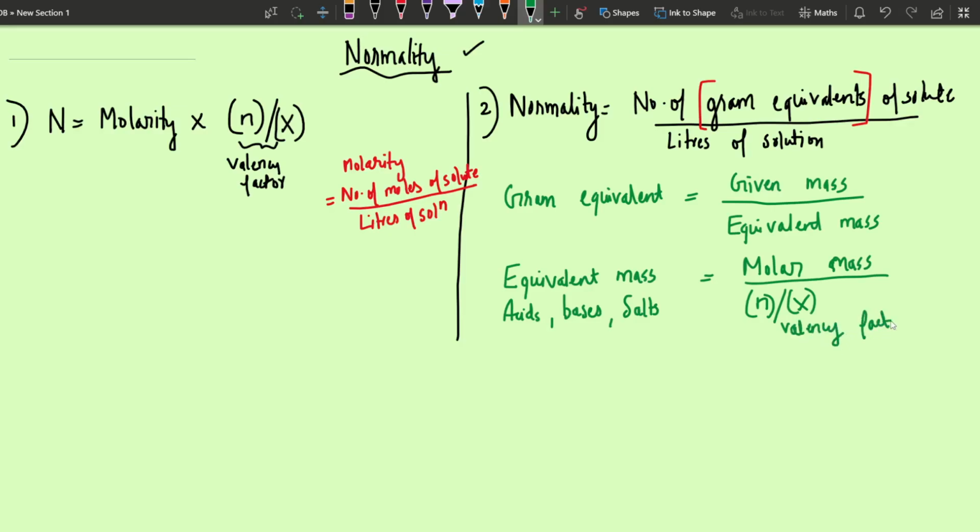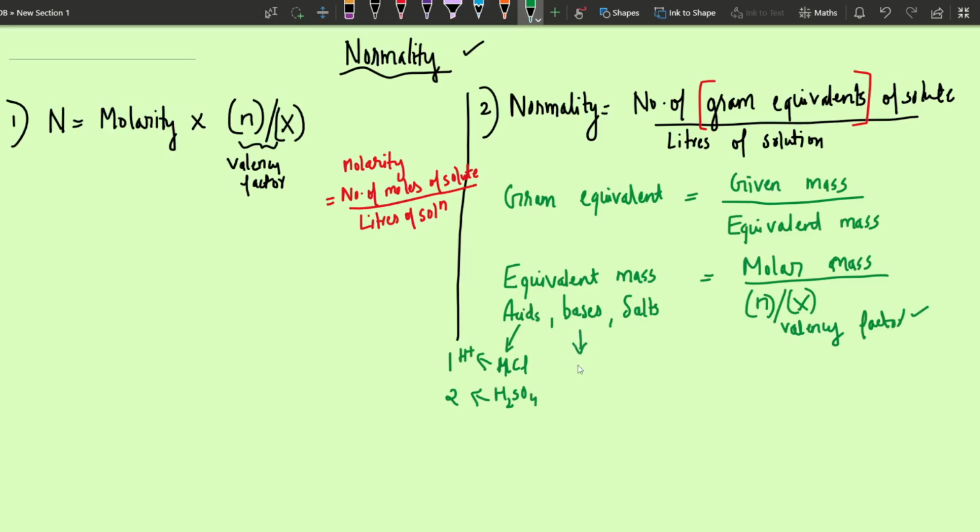So now what is valency factor? In case of acids, it is the number of H+ ions that the acid can give. For example, HCl can donate one H+, so the valency factor is 1. H2SO4 can donate 2 H+, so the valency factor is 2. For acids, it is the number of H+ ions present in that compound.